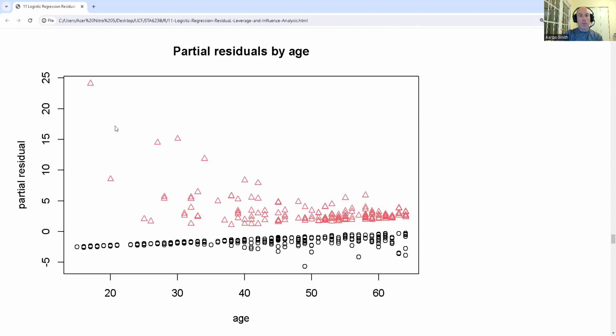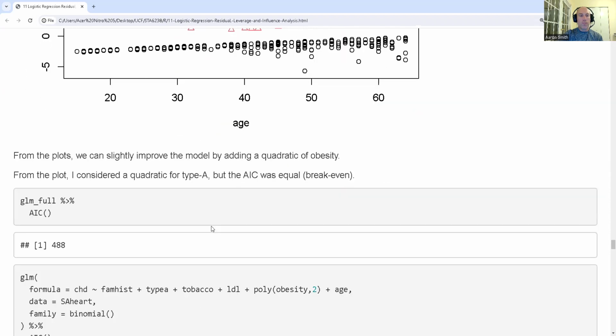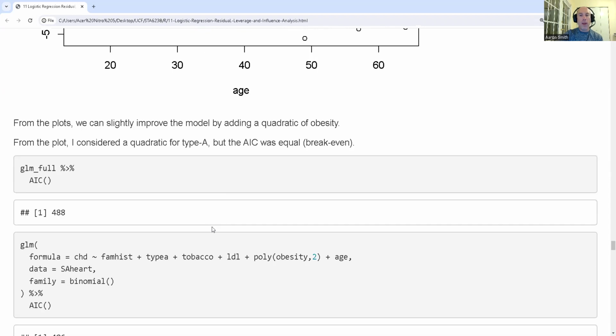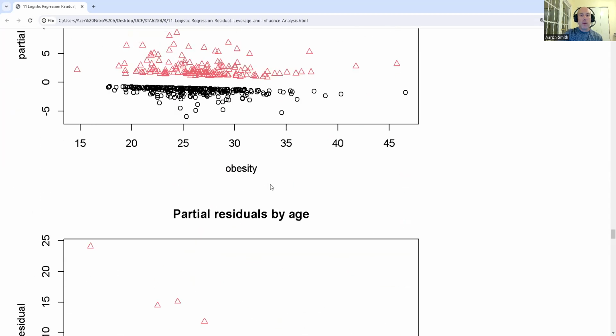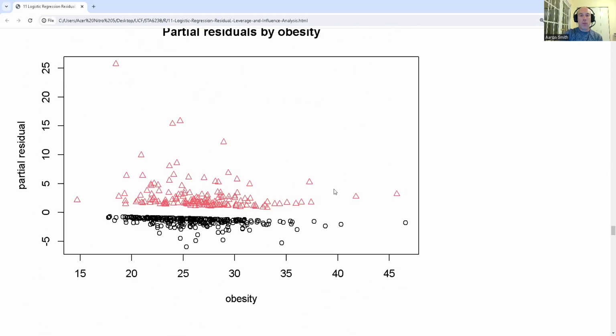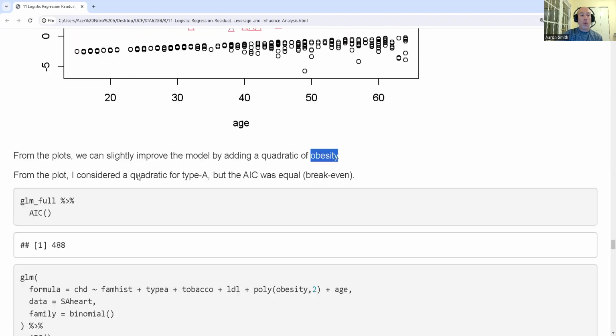All right, now here, possibly something going on. So by looking at this, for obesity, I chose to go ahead with this curvature here and add a quadratic term.